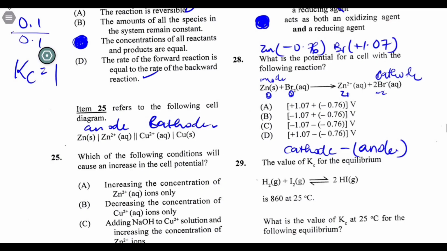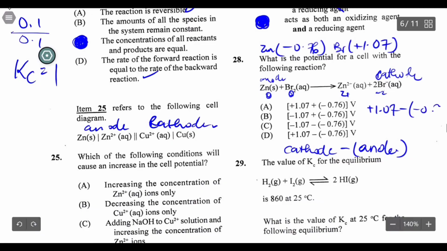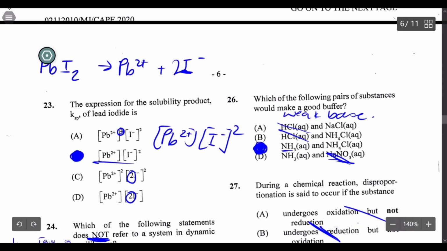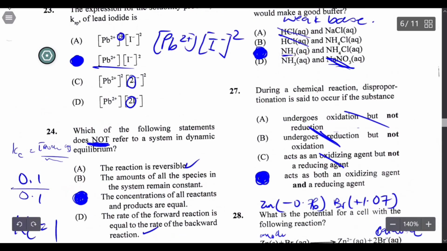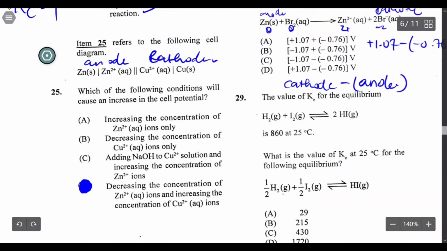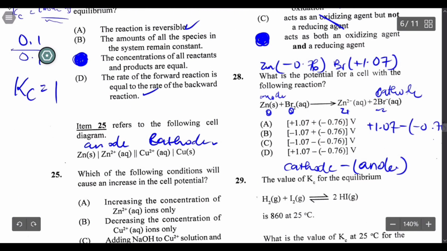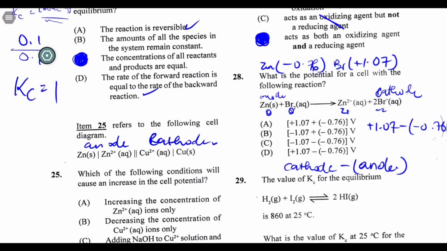We established that bromine is the cathode, so it's plus 1.07 minus the anode, which is minus 0.76. So the answer for this would be D.